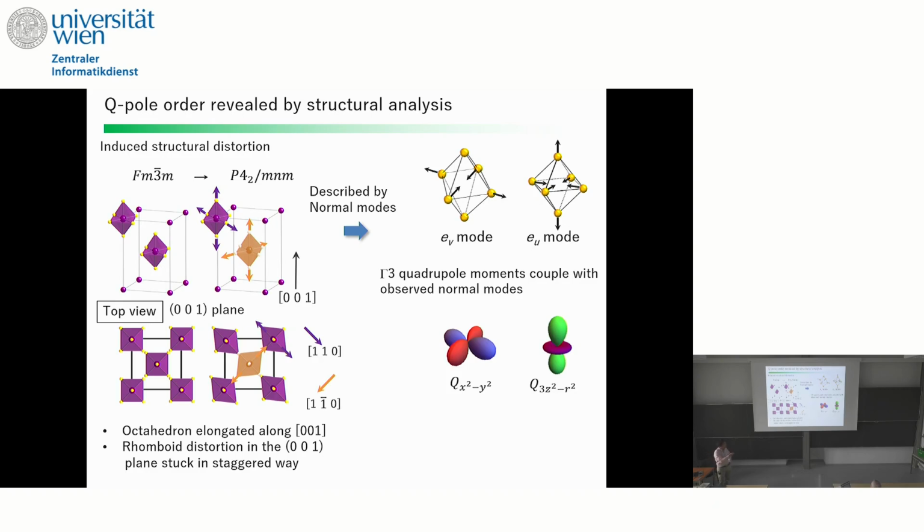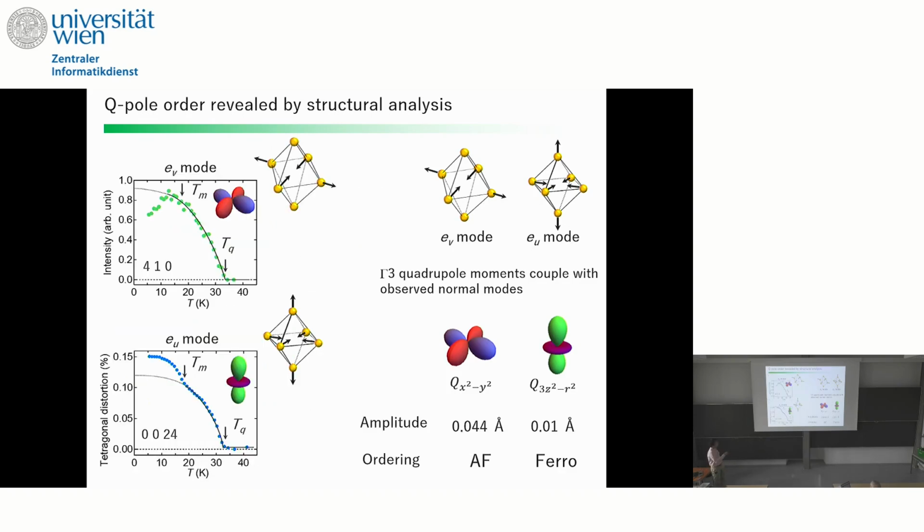Those two couple to the x squared minus y squared and 3z squared minus r squared quadrupole order. So this rhomboid distortion of octahedra produces the intensity of the superlattice peak.